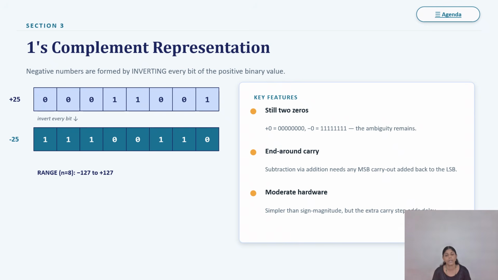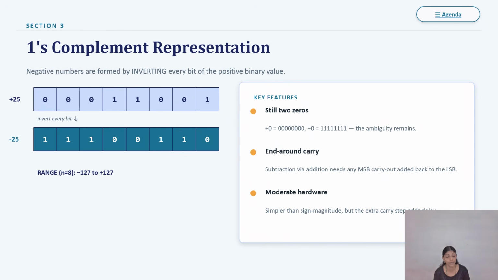So if it is happening that way, in ones complement, what do you have to do? You have to take that end around carry and add it with your LSB. That is your end around carry, because that carry is overflow. So you can't leave that carry as such.